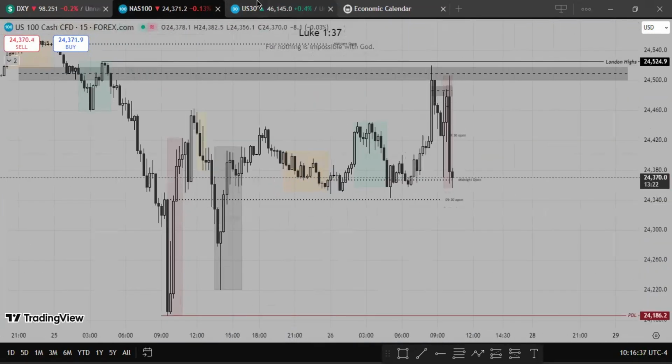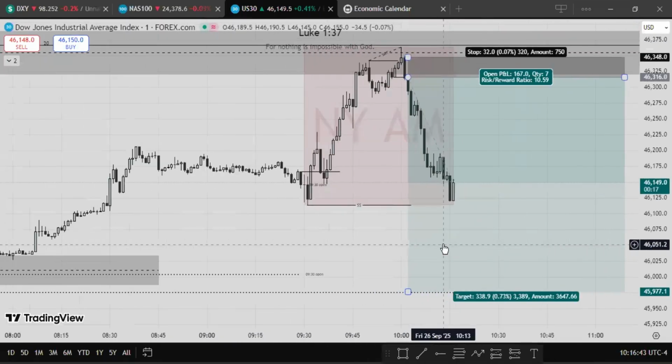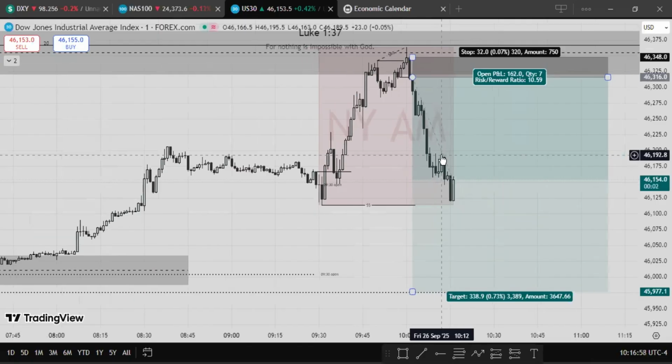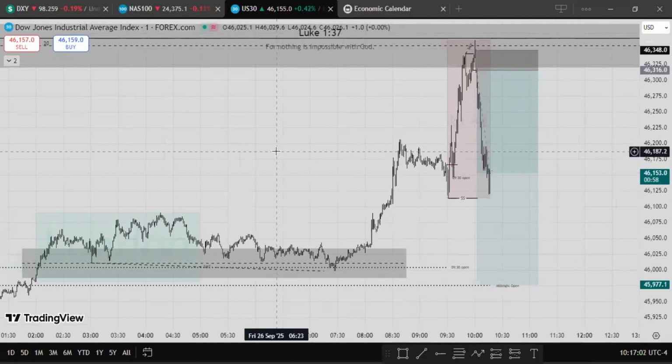And yeah, the US30 trade, I'm gonna trail my stop above this high. But yeah, I'm still expecting to see us come for this midnight open.